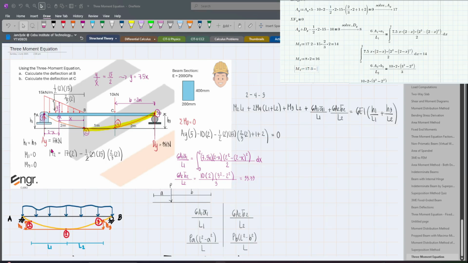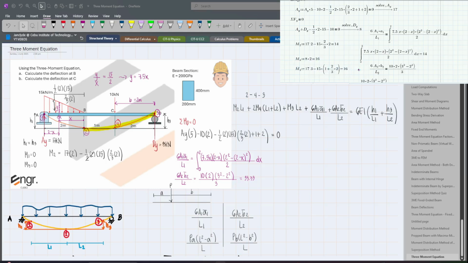Then minus, the resultant of the triangular load is 15. Then moment arm going to point C is equal to 1 meter plus 2/3 of 2. So 1 plus 2/3 multiplied by 2. Press equals, we have 16. So same lang yung value. But again, it must be positive.